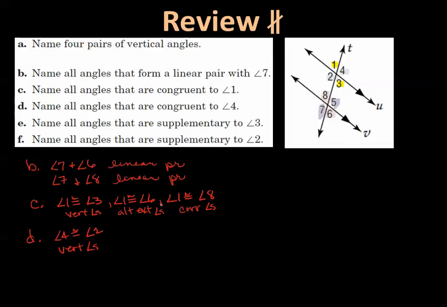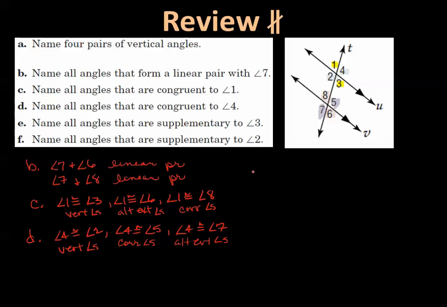And then we got angle 4 is congruent to angle 5. Those are corresponding angles. And then angle 4 is going to be congruent to angle 7 because they are alternate exterior angles.